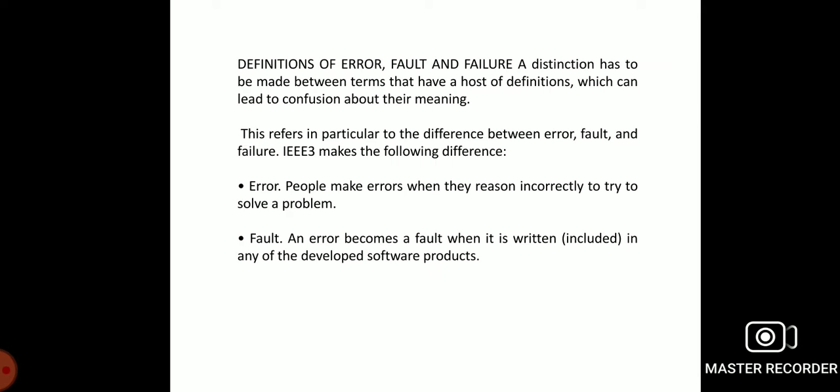First one is an error. People may make an error when they reason incorrectly while trying to solve a problem. And what is a fault? An error becomes a fault when it is written into any of the developed software products.